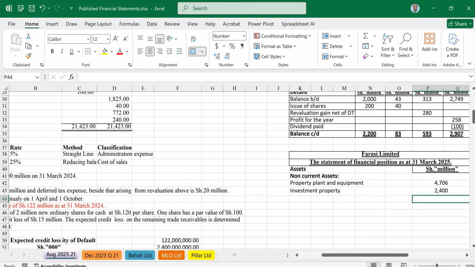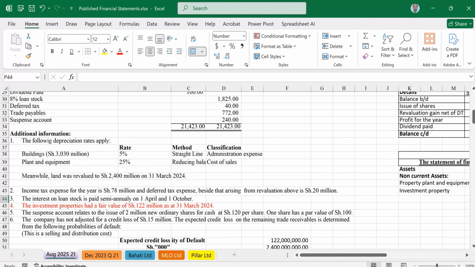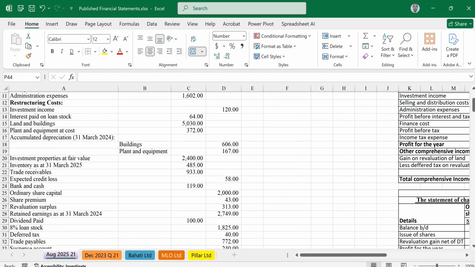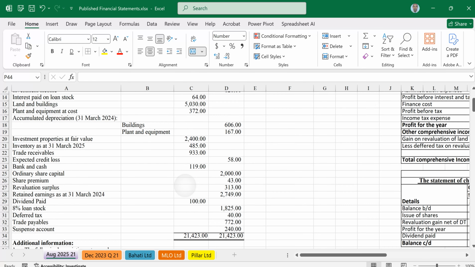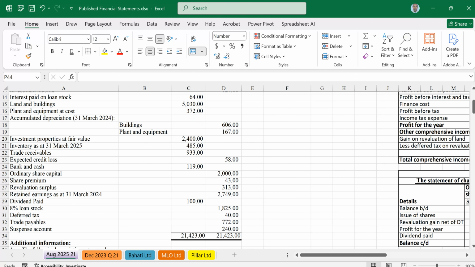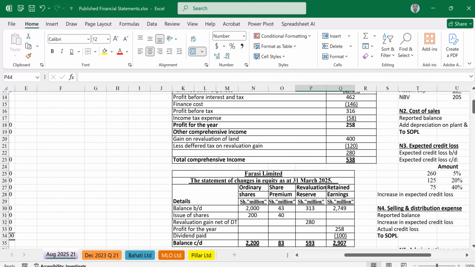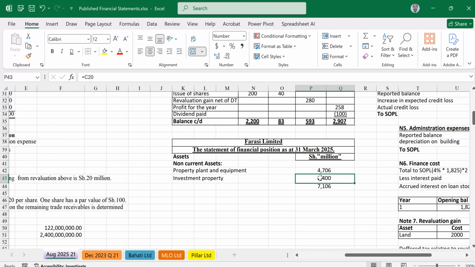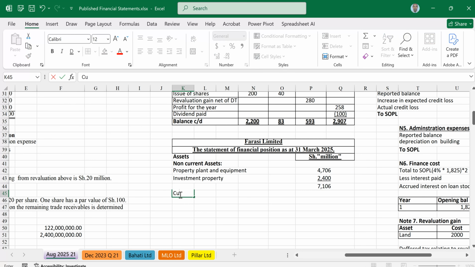Do we have any other asset? Any other non-current asset? None. Get the total of those two. Total non-current. Then current assets. We move to current assets.